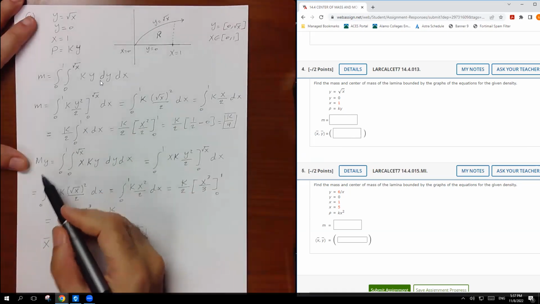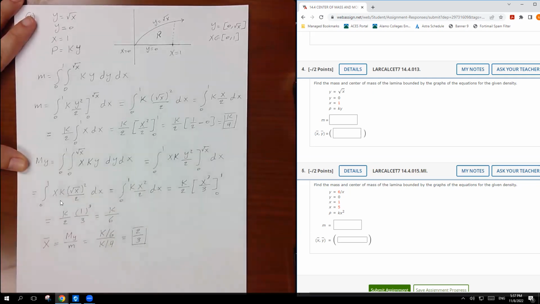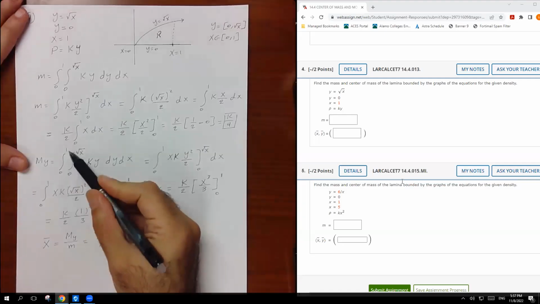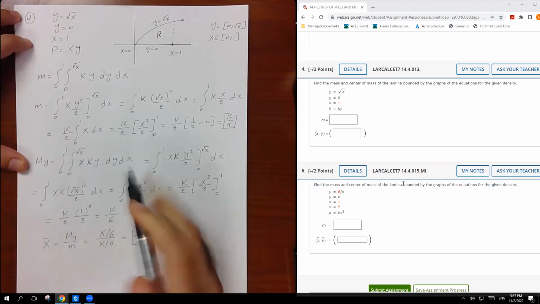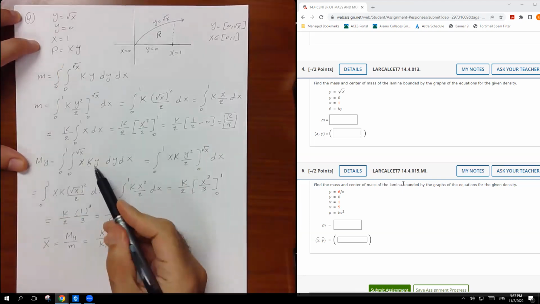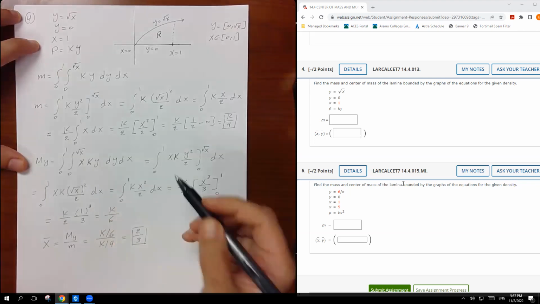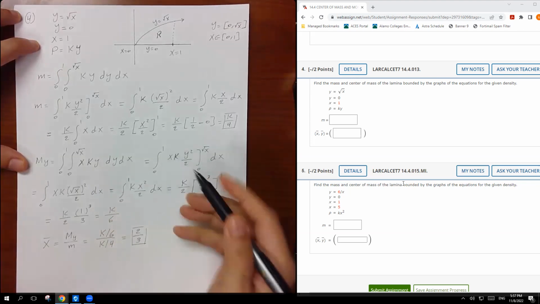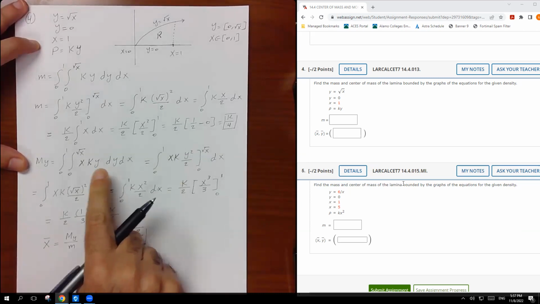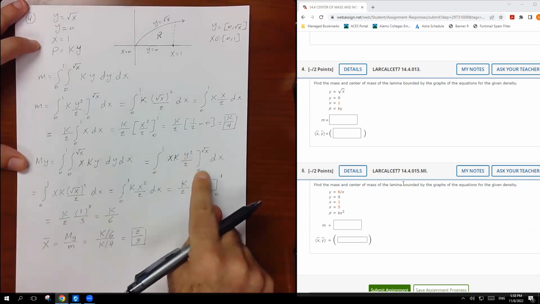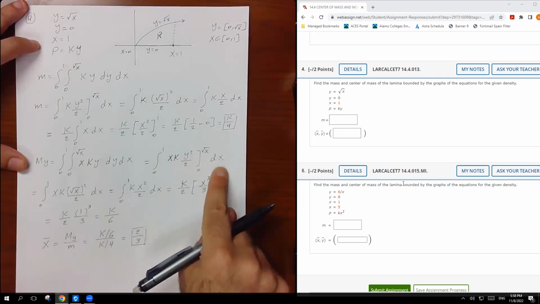M sub y is going to be from 0 to 1, from 0 to square root of x. We're going to add x here, x ky dy dx. So it's going to be from 0 to 1, x. We need to find the integral with respect to y. So it's going to be y squared over 2 from 0 to the square root of x dx.